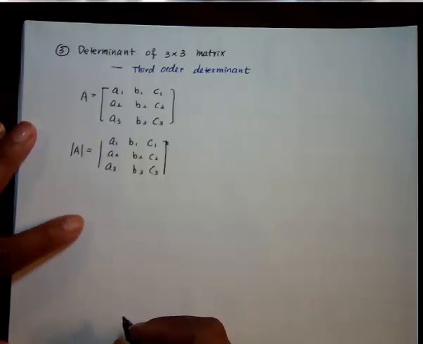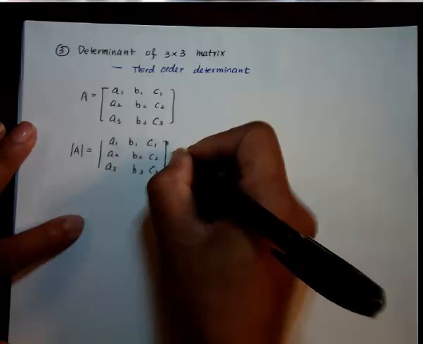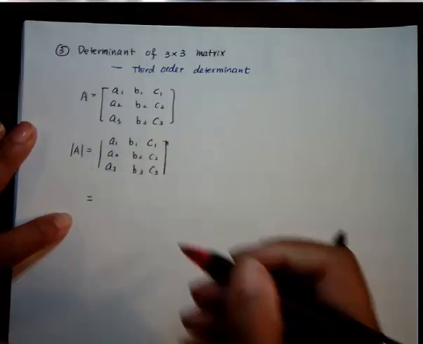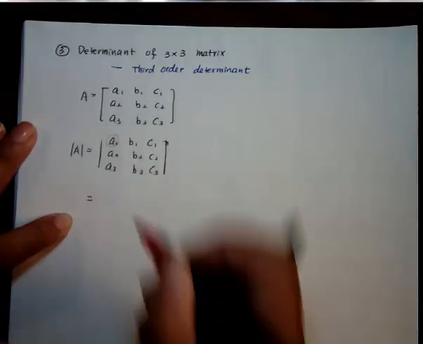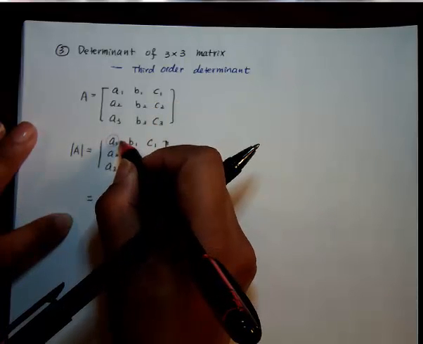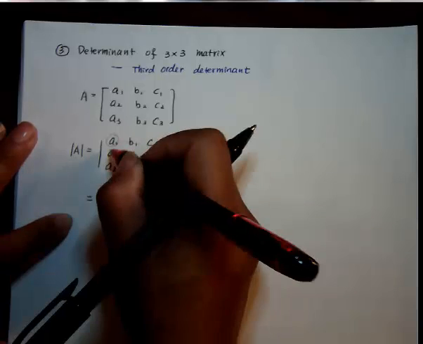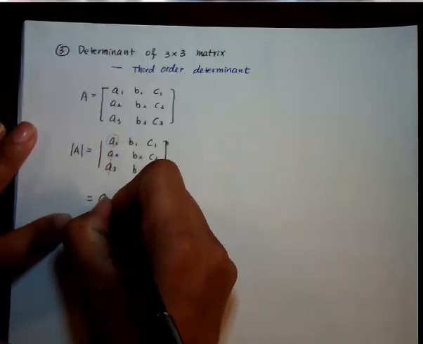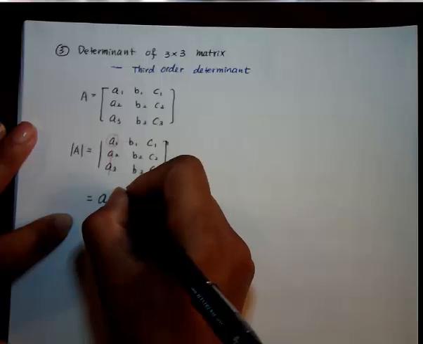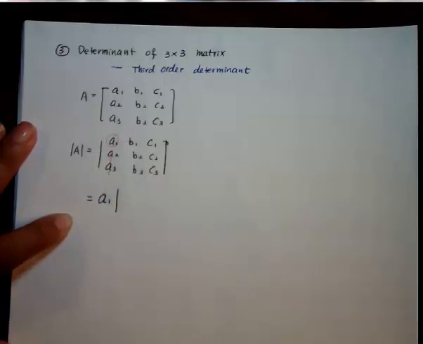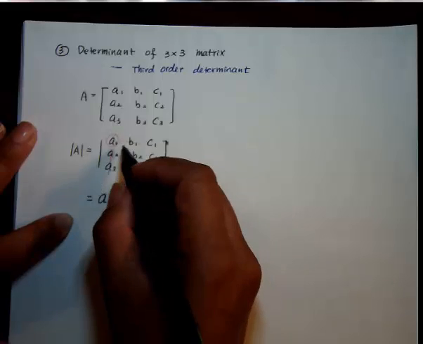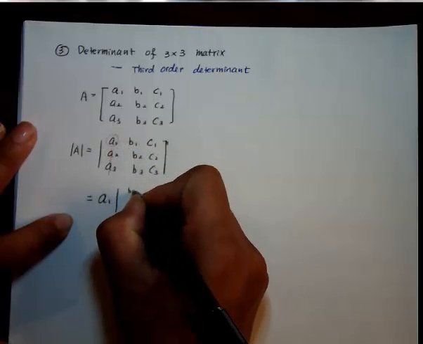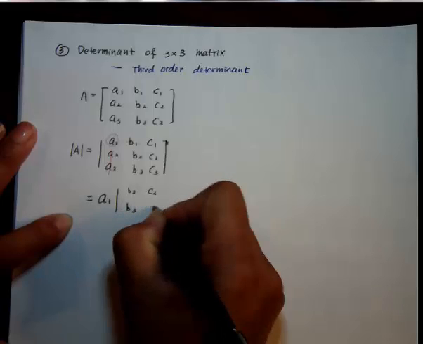You are going to do the routine minus, plus, minus, plus. First we are going to select a1. For a1, we cross out the corresponding row and the corresponding column. So a1, we multiply by the determinant of the other matrix, which is what remains after you cross out: b2, c2, b3, c3.